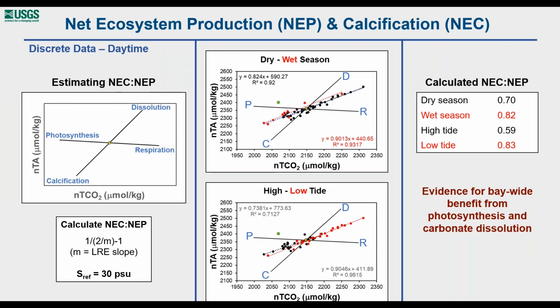But we're also getting some influence from calcification and dissolution, particularly during the wet season and low tide when we have slightly higher NEC to NEP ratios. And these results provide some additional evidence that photosynthesis and carbonate dissolution may also help buffer pH and acidification in the bay.